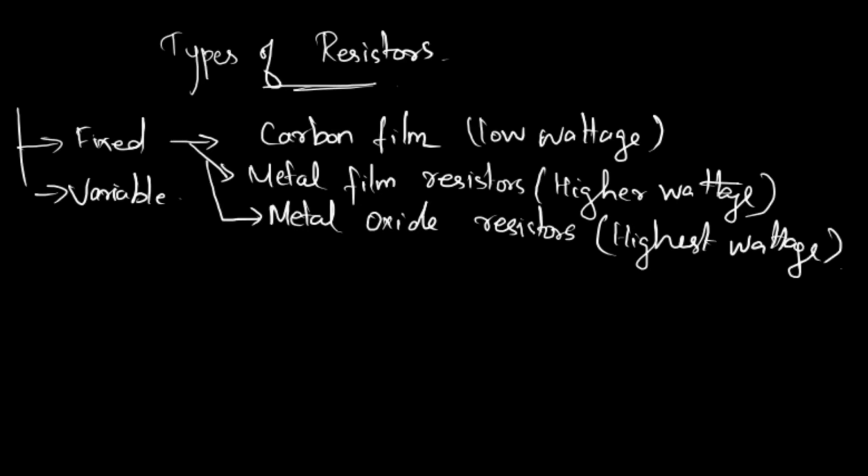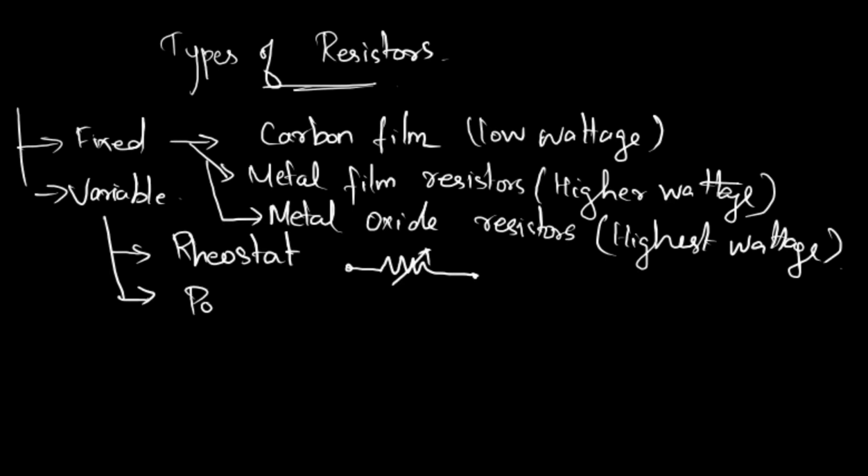Then we have variable resistors. Variable resistors, as the name indicates, have a resistance value that can be varied. They may be either 2-terminal or 3-terminal devices. Based on the application, they can be called the rheostat and the potentiometer.